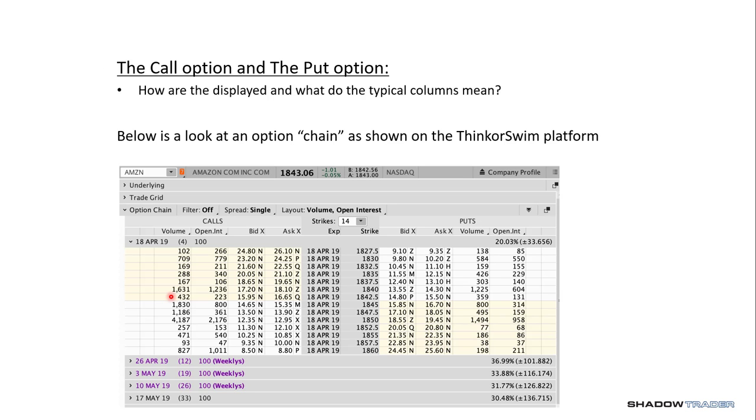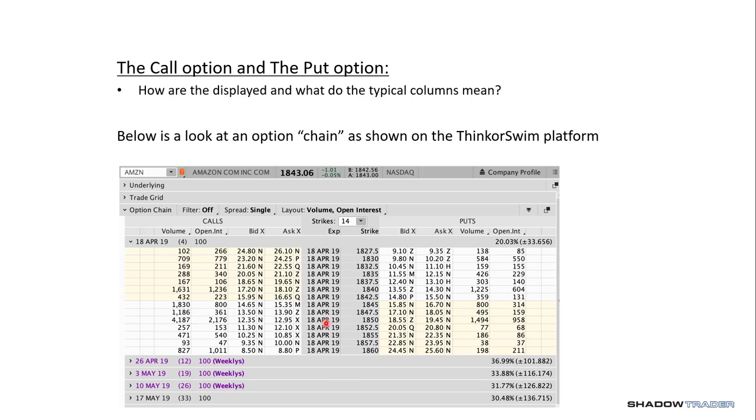This is a bit of a review. This is what an option chain looks like on the Thinkorswim platform. This is how it is displayed typically. We've got calls on the left side, puts on the right side, and in the middle the date.